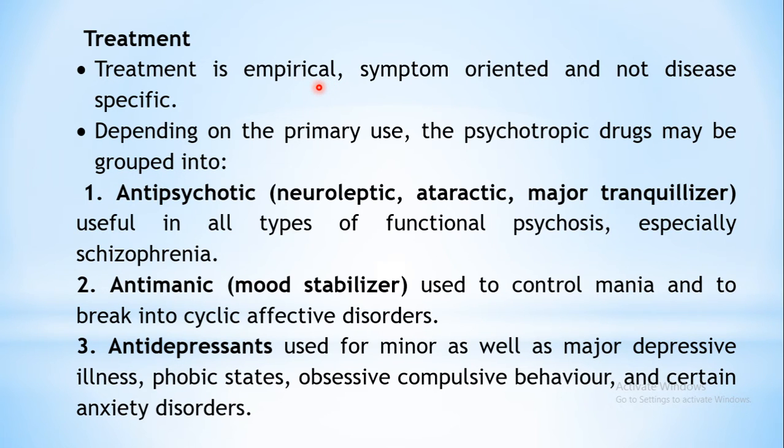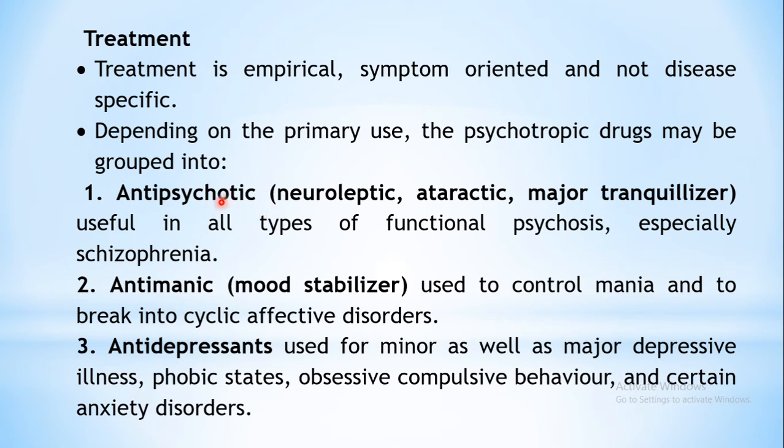Over a period of time, out of the experience, you may select the best possible drug for that particular person. These are symptom oriented treatments, meaning they will specifically control the symptoms which are produced in these conditions. Based on this, several classes of drugs have come forward for treatment of certain conditions, like antipsychotics.